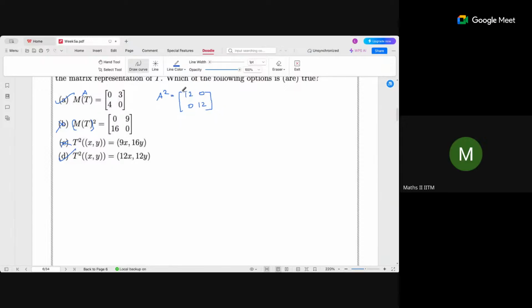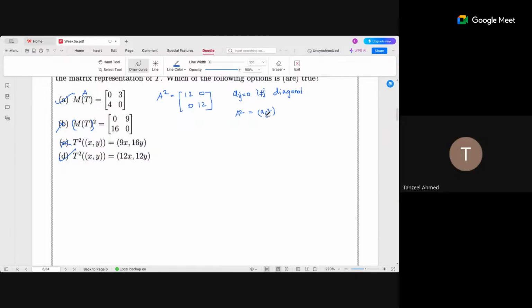Only when a_ij equals 0 for all i not equal to j, that is called a diagonal matrix. And for a diagonal matrix, if you want to do a square, then it is a_ij squared. But in this case it is not the case scenario. This is not a diagonal matrix, you cannot do that. Okay, fine.